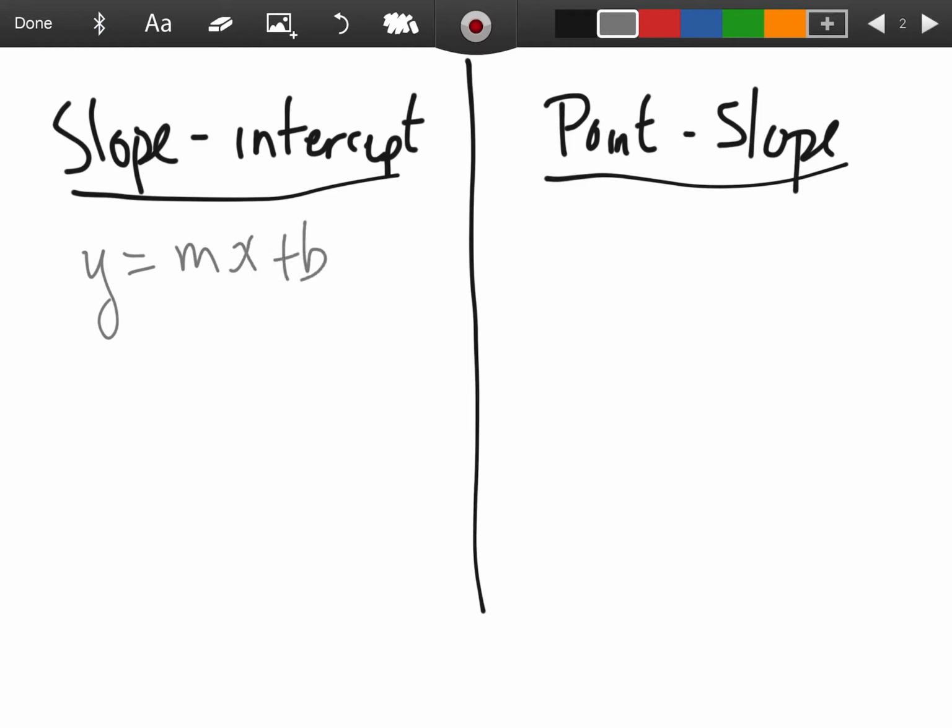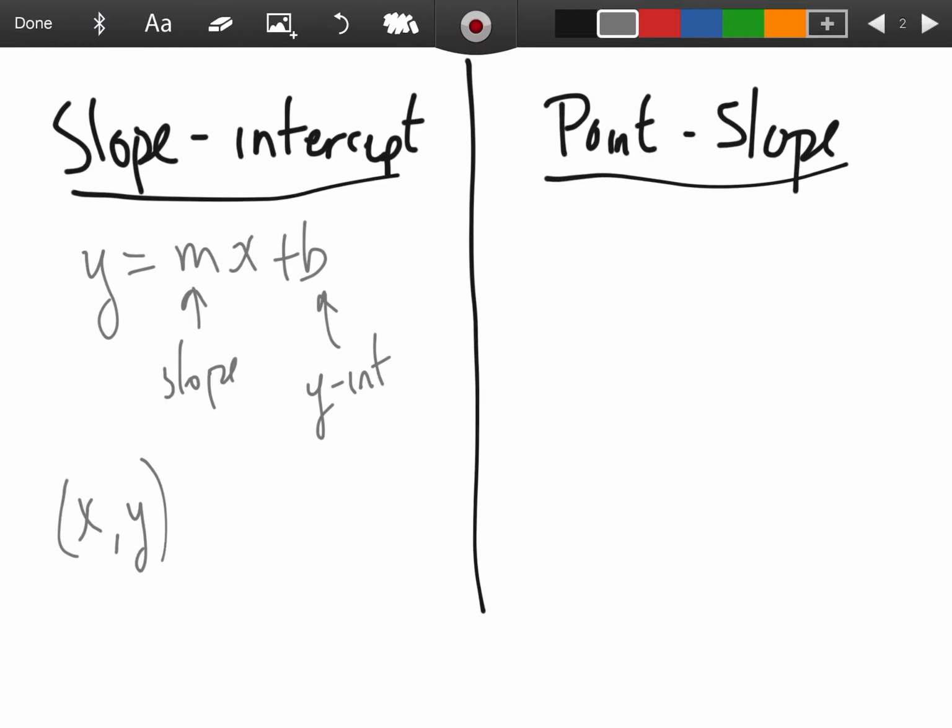In this case, we know that the m represents the slope, and b is just my y-intercept. And the important thing to note, guys, is that for every point x comma y, that is just a point that falls on the line. So x comma y is a specific coordinate pair that falls on the line.